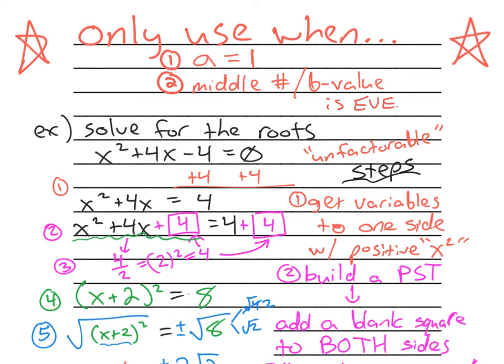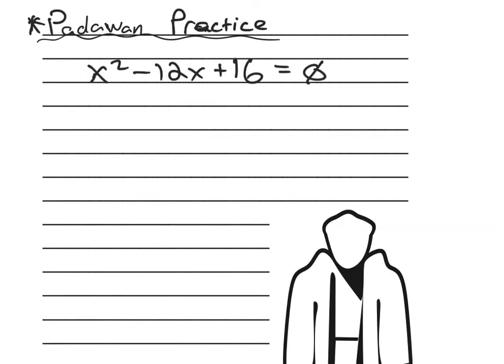If it's odd, it will always create fractions that you'll have to square and add to both sides. So it's always better to use another method when this happens. So when a is not 1 and b is not even, don't use this method. Use something else.